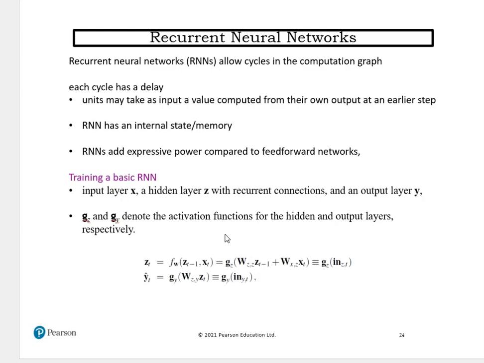Now we're going to talk about a different type of architecture that is specifically used for time series data, so data that comes in a sequence rather than in a snapshot like a photo or an image.